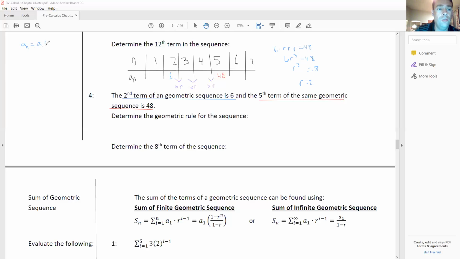If you wanted to use the geometric equation for it, I'm more of a visual guy, which is why I kind of break it up that way. But a sub 2, 6, equals a sub 1 times r to the 2 minus 1, which would have been 6 equals a sub 1 times r to the first.